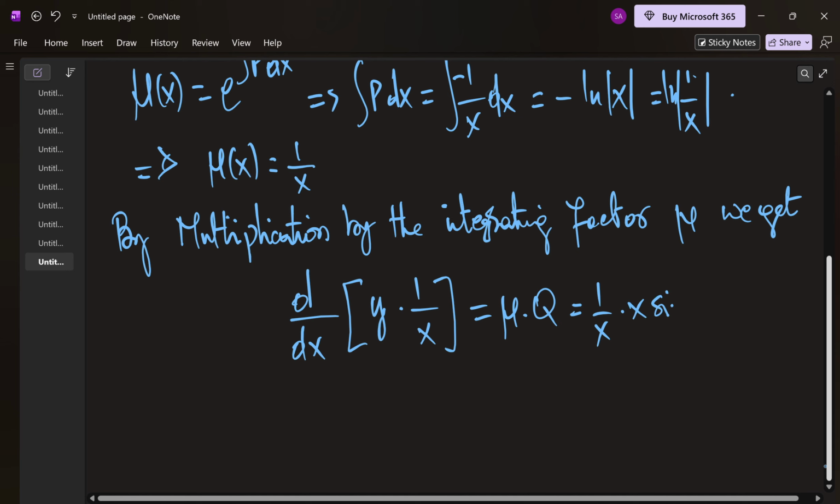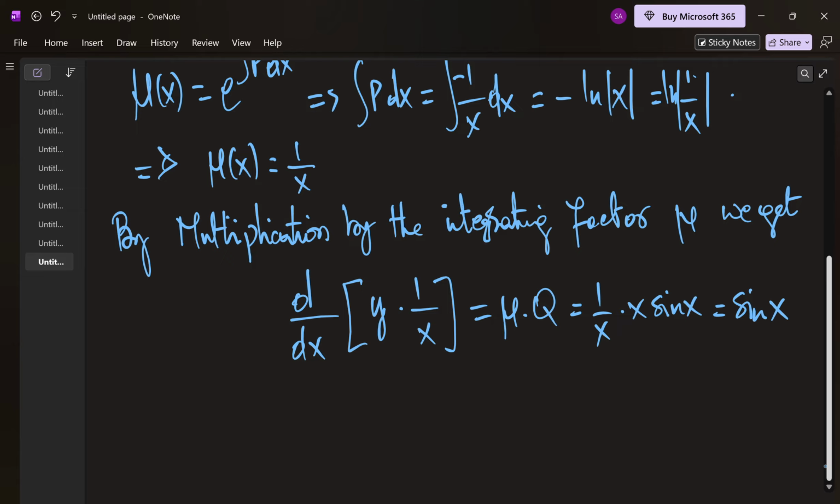So x will cancel with 1 over x, and the final answer is sine x.